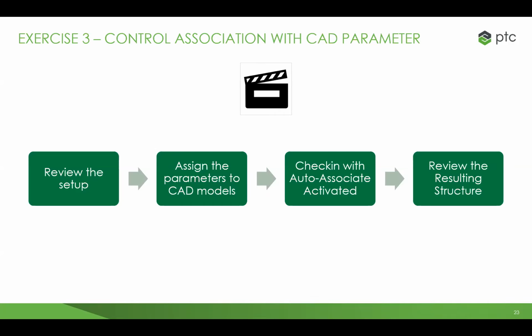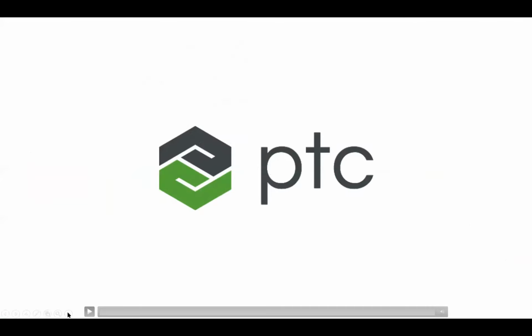So that's what we'll see here. We'll quickly review the setup and run the process, assigning parameters to the CAD model, checking in with auto associate and reviewing the results. So let's see that.